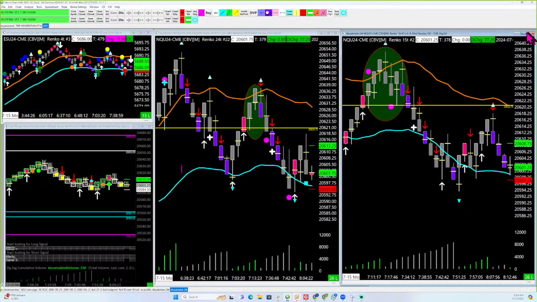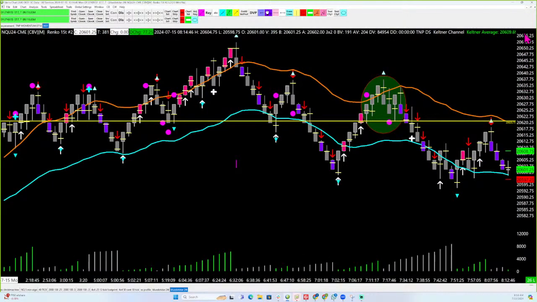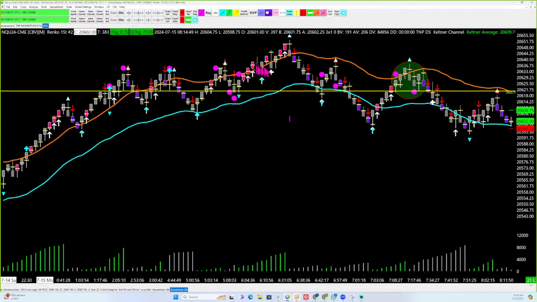So what I want to focus on is a couple of things. Number one, this plus sign can disappear if it doesn't get the second bar. It doesn't always. We haven't quite figured it out, but in order to make sure this plus sign sticks, you either need 2 bars up, or a second bar up, or second bar down. And we're working on why it disappears sometimes and doesn't at other times.